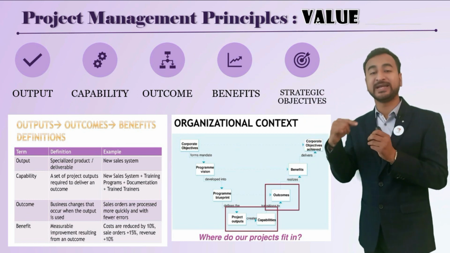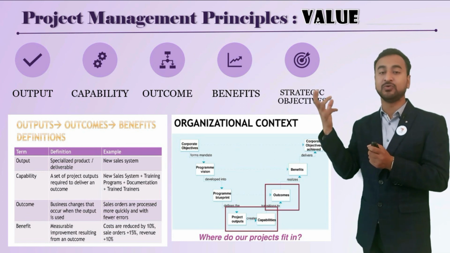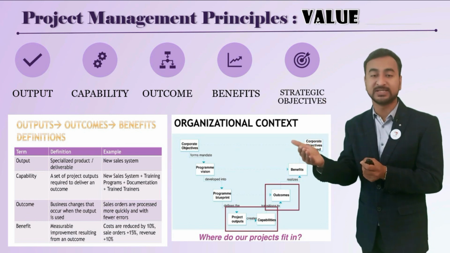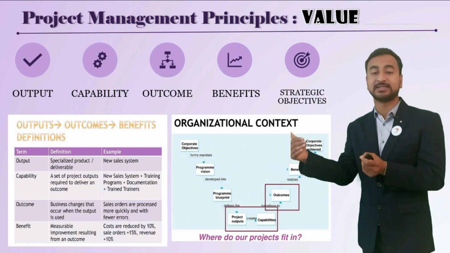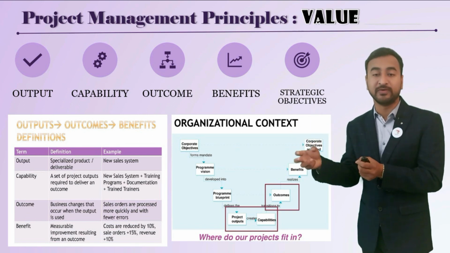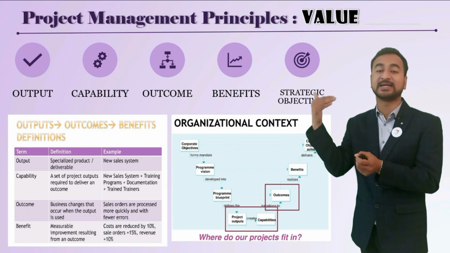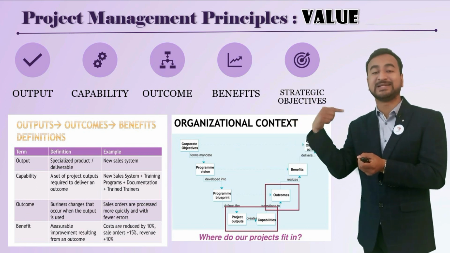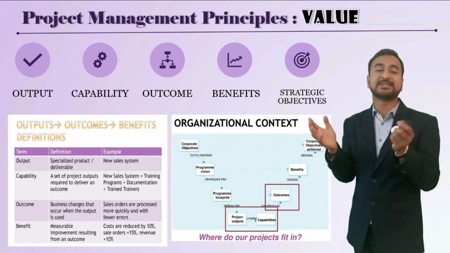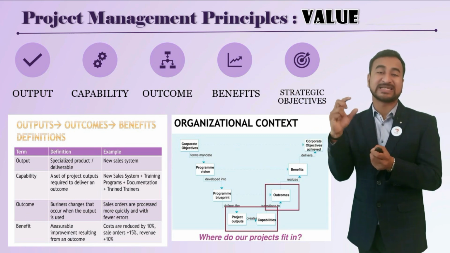And where your project fits in the entire value chain, let's consider the strategic objective which you mandate to define the project vision, program vision, that in turn defines the project, that where to invest and what to invest. This project develops the capabilities, that utilize the capabilities, develop the benefits, that benefits are in turn aligned with your strategic objectives. So this is the way your project fits into the entire value system.